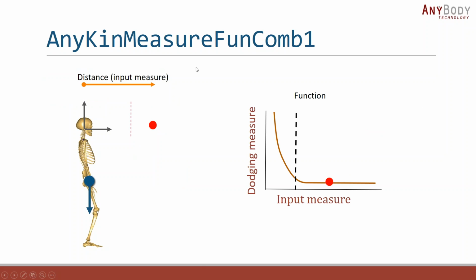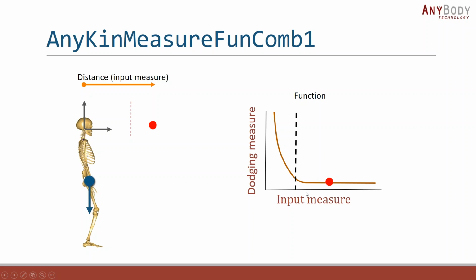So in this example here, we basically have two components. We have our existing measure, which is basically the distance from our coordinate system here to the obstacle, and then we have a function. In this case, the function is basically flat when we are on the right side of the dotted line. But when we get closer than the dotted line, the function rises sharply.